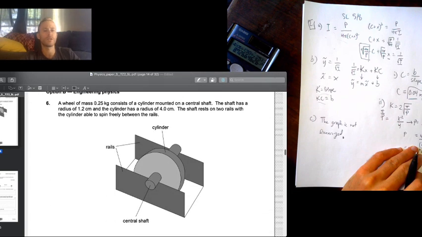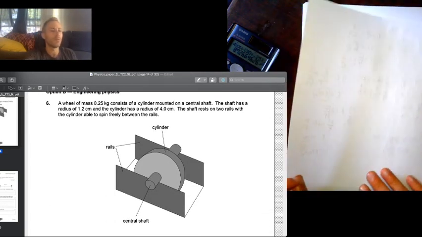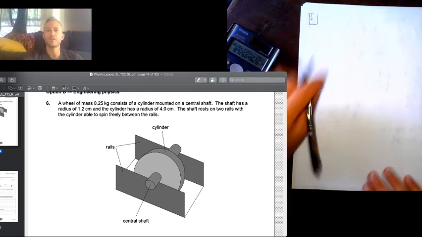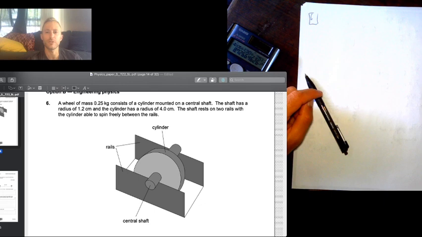All right, question 6. A wheel of mass 0.25 kilograms consists of a cylinder mounted on a central shaft. The shaft has a radius of 1.2 centimeters, and the cylinder has a radius of 4 centimeters. The shaft rests on 2 rails, with the cylinder able to spin freely between the rails.